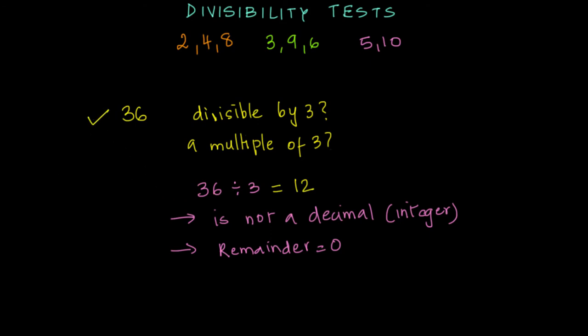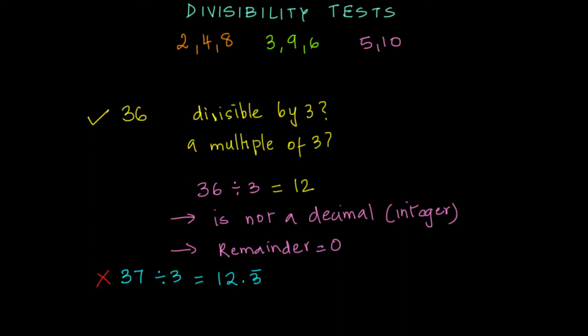But suppose I were to take the number 37, and when I do 37 divided by 3, I get a quotient which is 12.3, which keeps repeating. Or if I have to talk about remainders, I would get a remainder of 1, which means 37 is not divisible by 3.